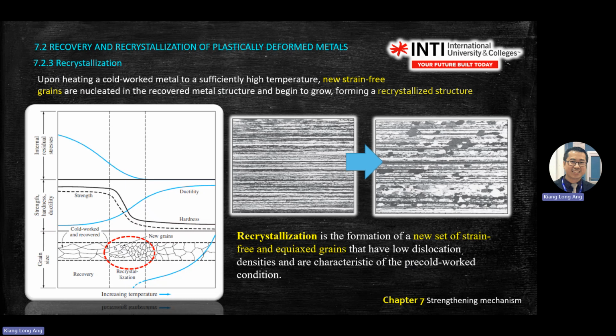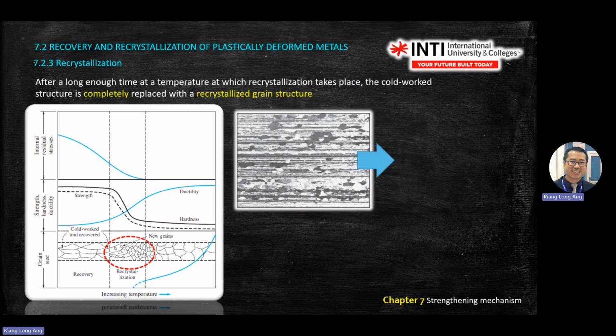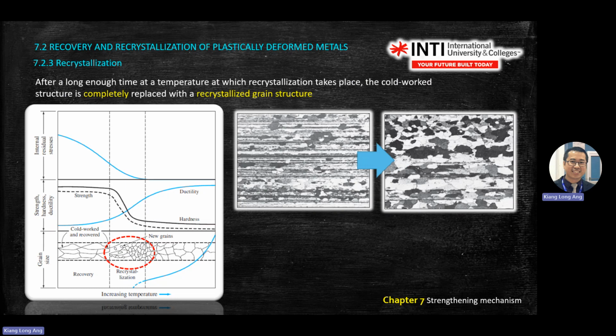This one also you read. Recrystallization is the formation of a new set of strain-free and equiaxed grains. Once you grow the grain, it will go into a full grain and become bigger and bigger. The black one becomes bigger and bigger.